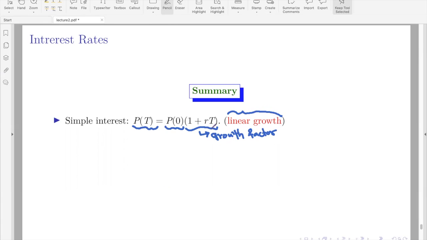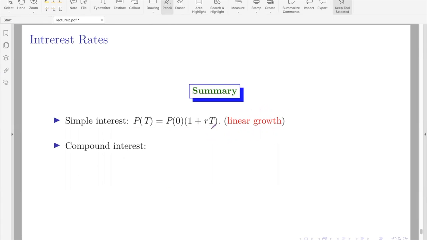Next, we have seen compound interest. There are two types of compound interest we have discussed, depending on whether the frequency n is finite or it tends to infinity. In the first case, that is when n is finite, we have derived the compound interest formula.